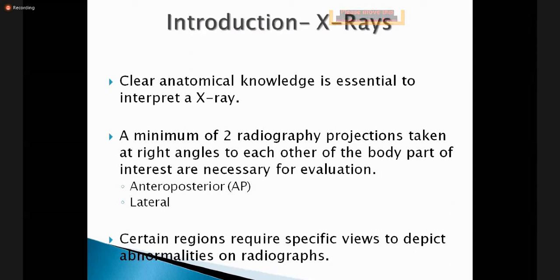Sometimes we need oblique or other views particular to certain areas, like the scapular or axillary view for the scapula, and the frog leg view for the pelvis. Otherwise the basic views are the AP and the lateral. Certain regions require specific views to detect abnormality on the radiograph.